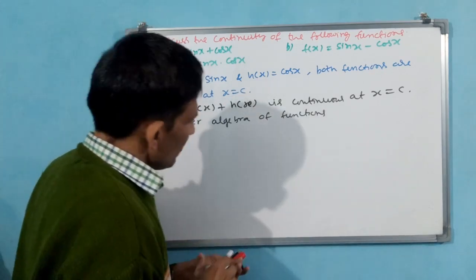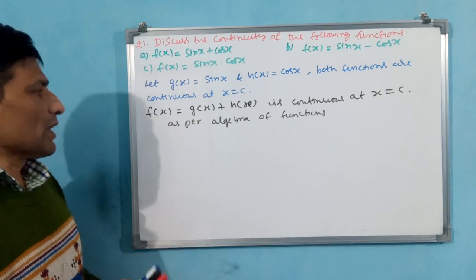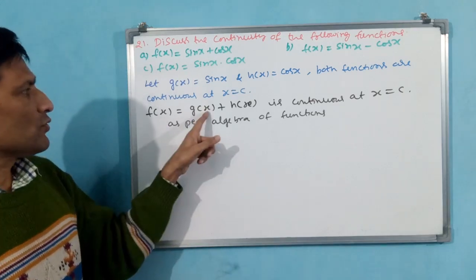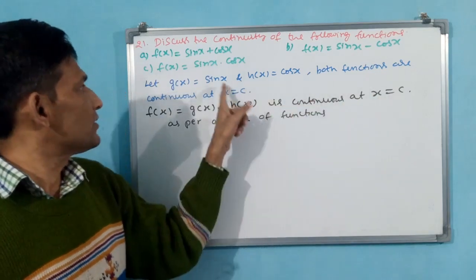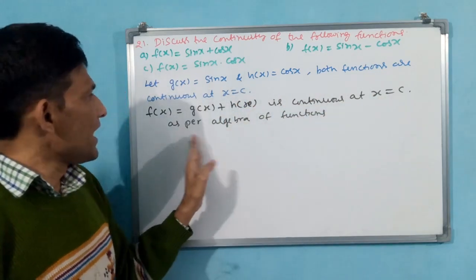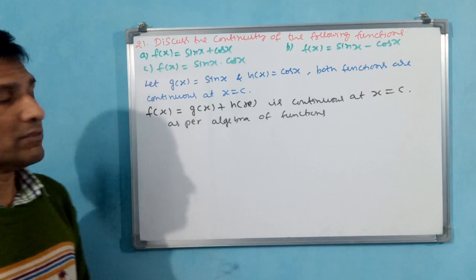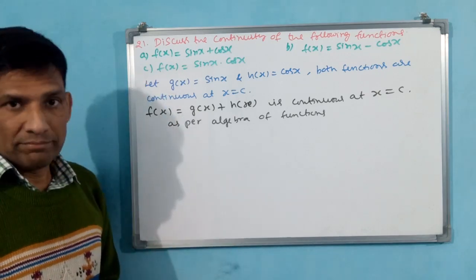Like that you write. Now you see, f of x is equal to g of x plus h of x is continuous at x is equal to c. Why? Because here also x is equal to c, here also x is equal to c, as per algebra of functions. Okay, first one is over.